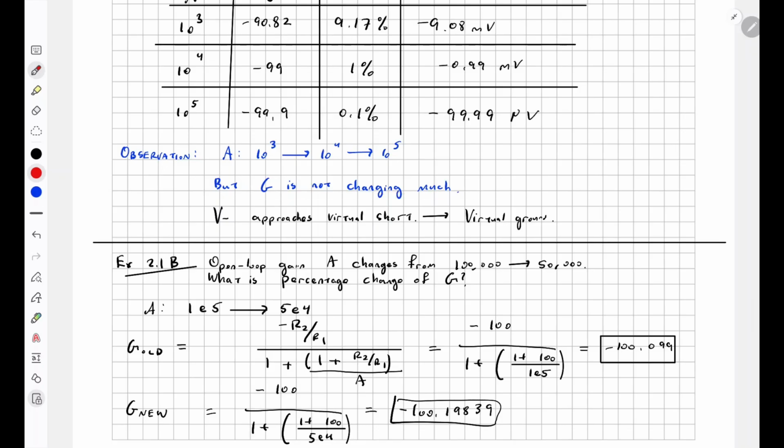So even if the op-amp is not ideal, you can treat it as ideal, because that is a very close and accurate approximation.